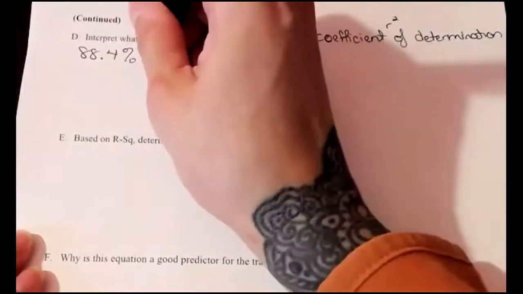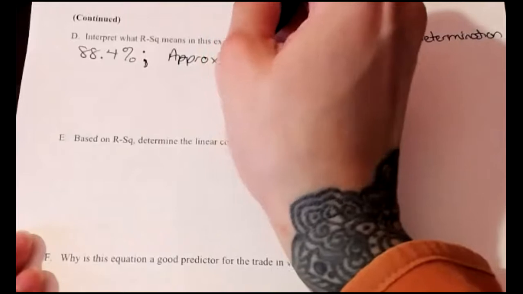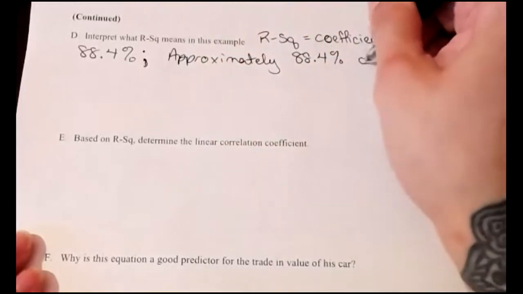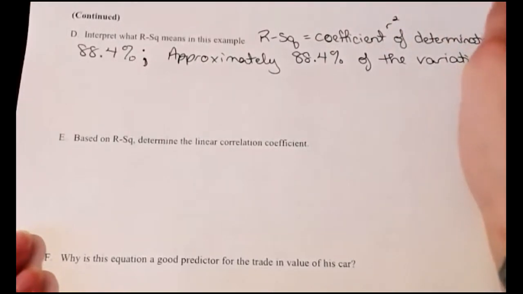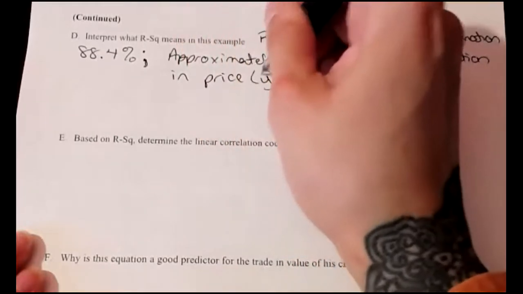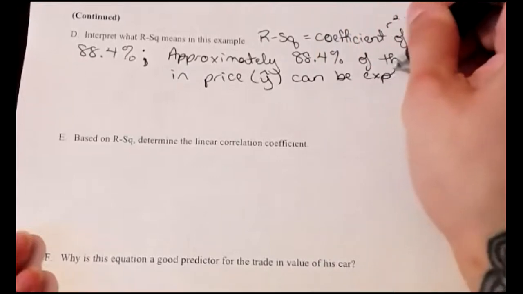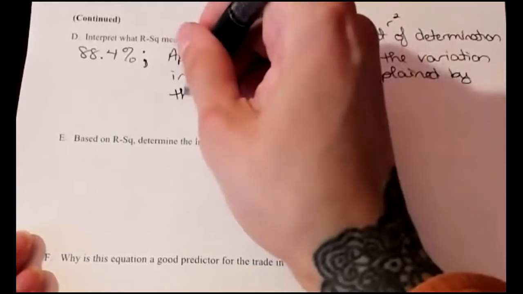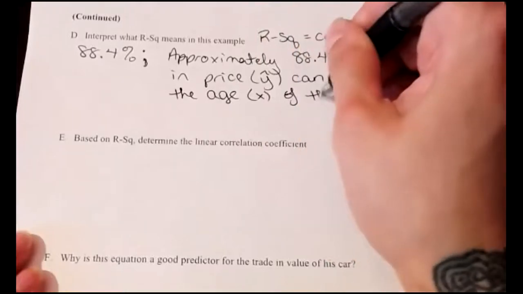This says approximately 88.4% of the variation in price can be explained by the age of the car.